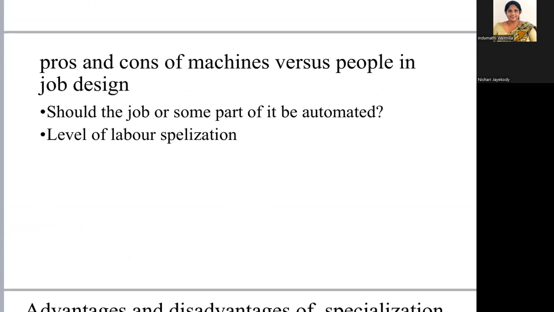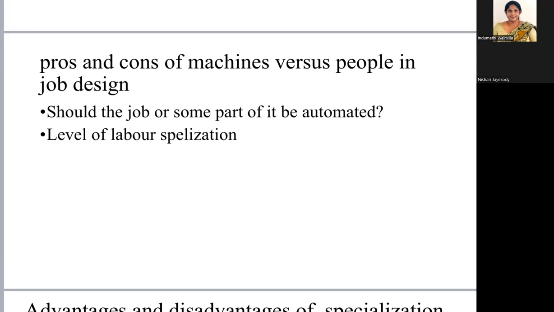So now we move to another essential part. Let me discuss with you the pros and cons of machines versus people in job design. Because when we design the job, we have to consider people, they are more important.